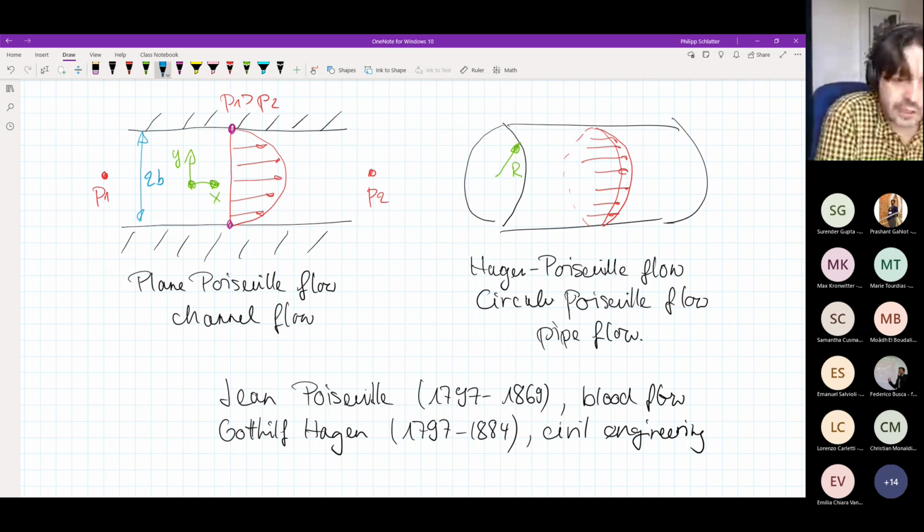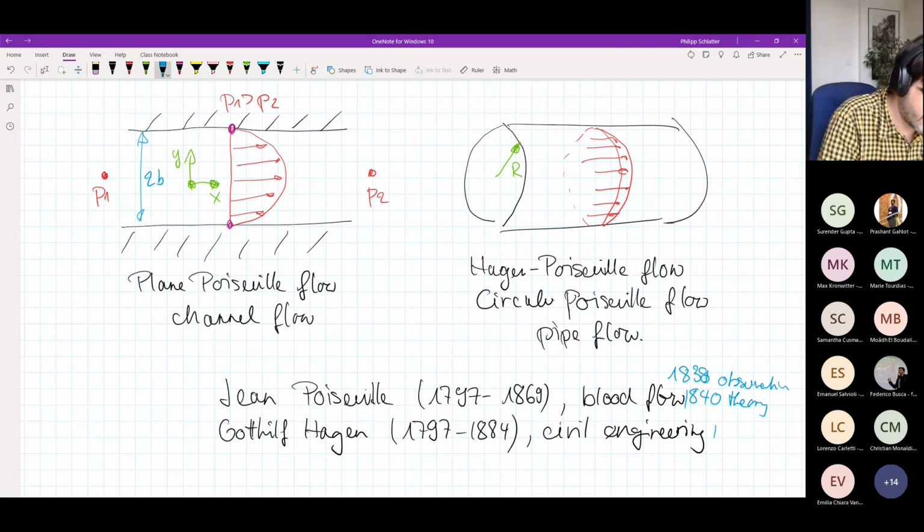Now, it's also interesting that all these ideas always came at the same time for all researchers. So Jean Poiseuille did the first measurements in 1838, and then the theory came in 1840. And Gotthilf Hagen was looking at this in 1839, largely independent of each other.